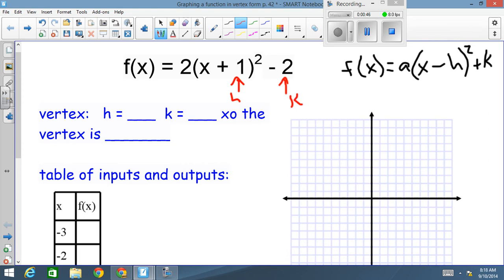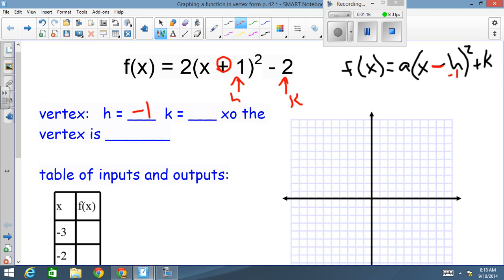All right? So look at your vertex form. It says x minus h. In this case, our h is actually going to have to be -1, because when I put -1 here, the minus a negative is what gives me this positive. So when you're thinking of the h, you're going to have to think of it as sort of the opposite of the number you see inside the parentheses.